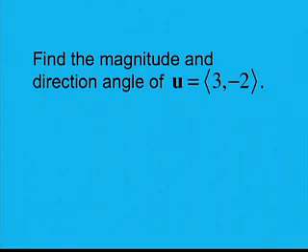Let's take a look at an example where we are asked to find both the magnitude and the direction of a vector. Find the magnitude and the direction angle of vector u, which is equal to 3, negative 2.